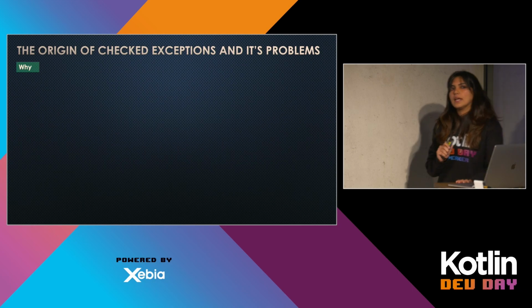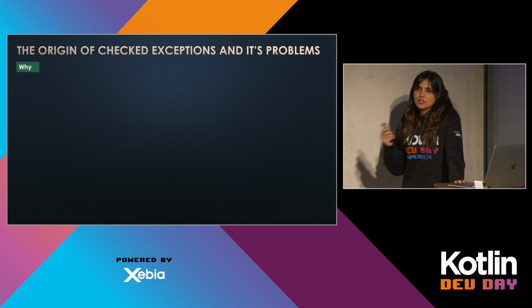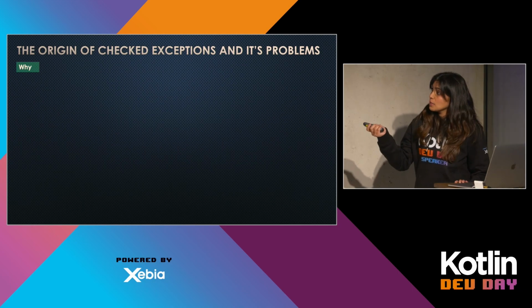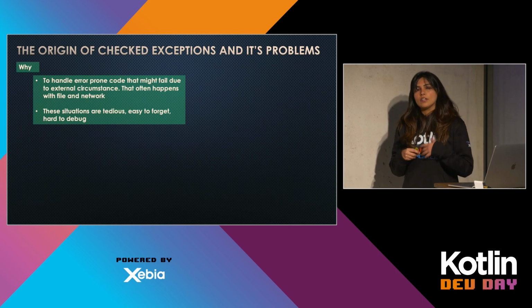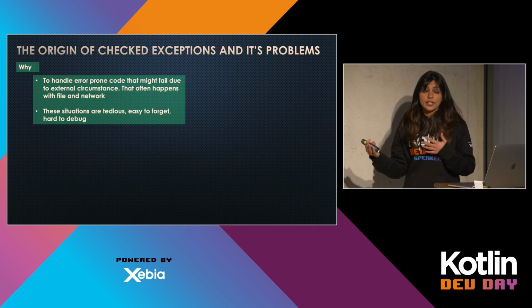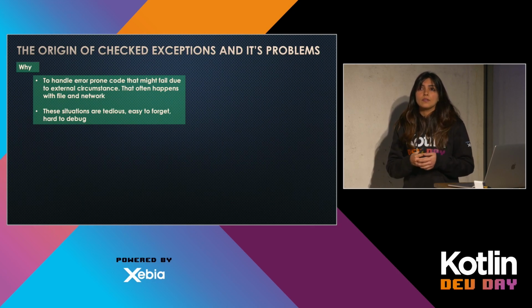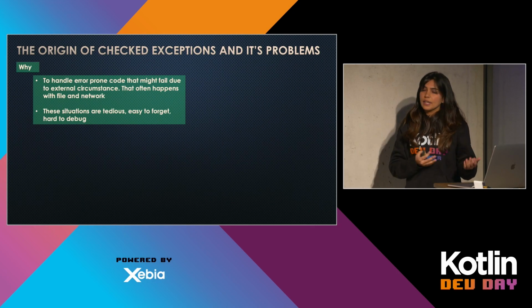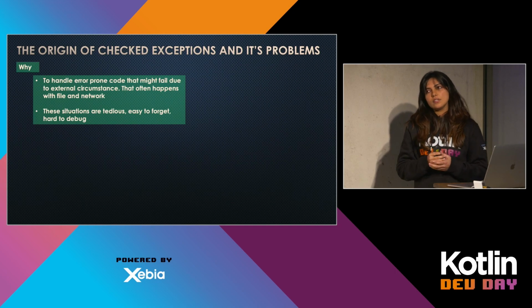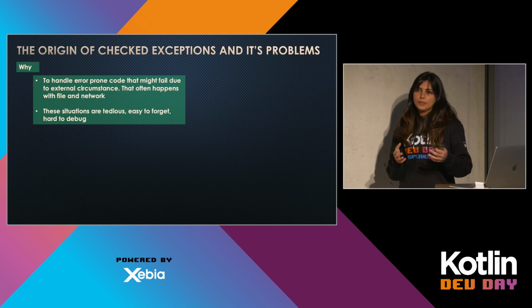The first question that comes to my mind is, why were checked exceptions introduced in the first place? So in order to handle error-prone code such as I/O exceptions that might occur with handling of files or network, and these conditions are basically difficult to debug, and also you might forget to handle these error conditions.